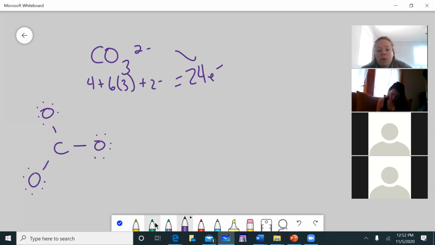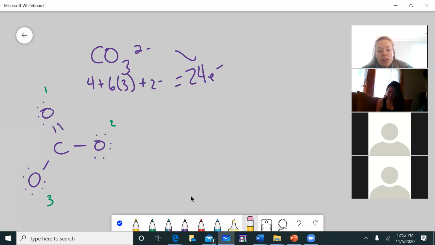Now you get to this place where you ask yourself, which oxygen should I do the double bond off of? If I count this as oxygen 1, this is oxygen 2, and this is oxygen 3, where could I put that double bond? Well, I can put it on any single one of them. So I could choose oxygen 1 and put my double bond right there, and get rid of those electrons here.